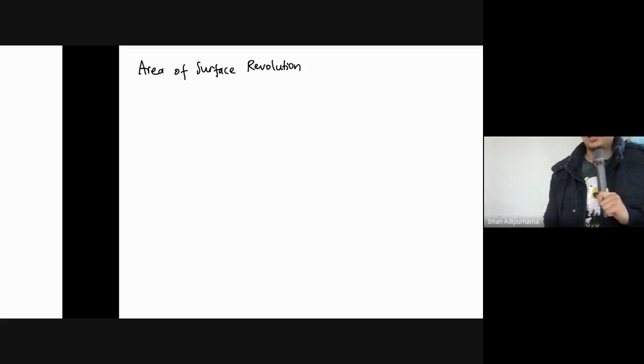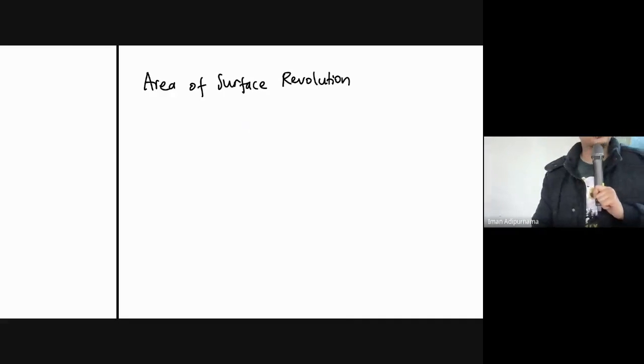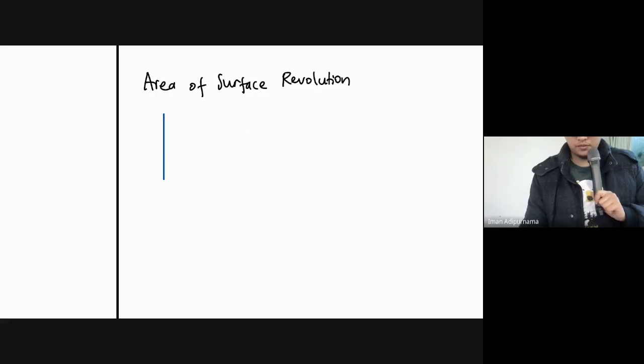Let me write a new page and start with the area of surface revolution. Before I go into details, let me draw a simple geometric form. Let's say this is a cylinder.